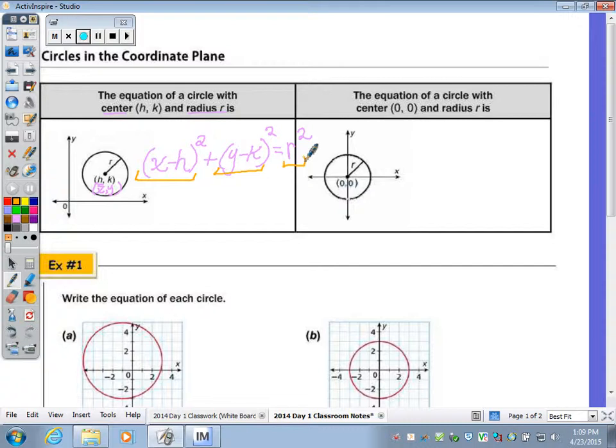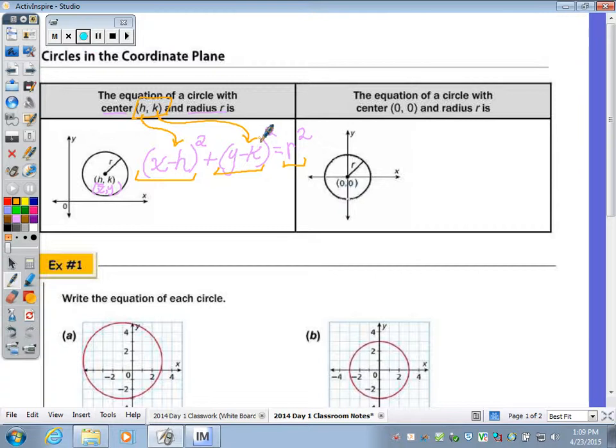Now, note that given the center, in the equation the x value is the opposite sign. So it goes from a positive k to a negative k, or h in that case. If you need to make that note: within the equation, the signs of the x and y coordinates of the center become the opposite in the equation.